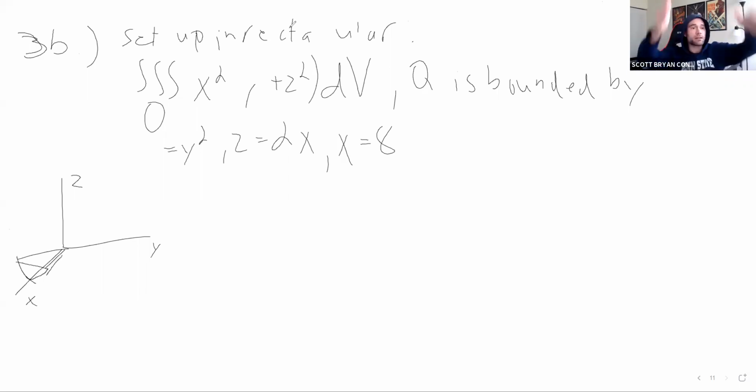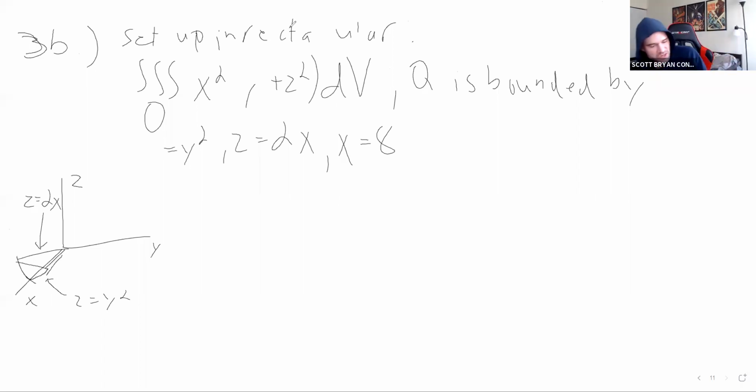So we have the bit of the parabolic cylinder between x equals 0 and x equals 8, and then on top, we have z equals 2x, that bit of the plane. So this is z equals y squared. Can everyone kind of see what's going on there?